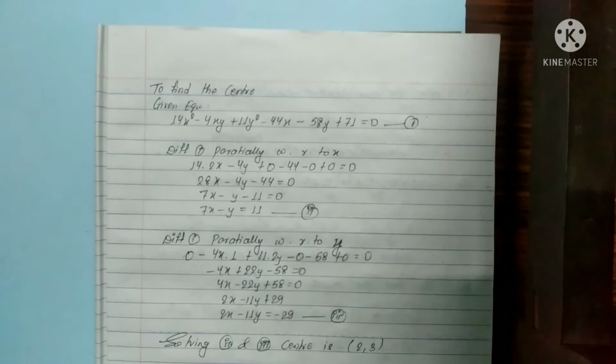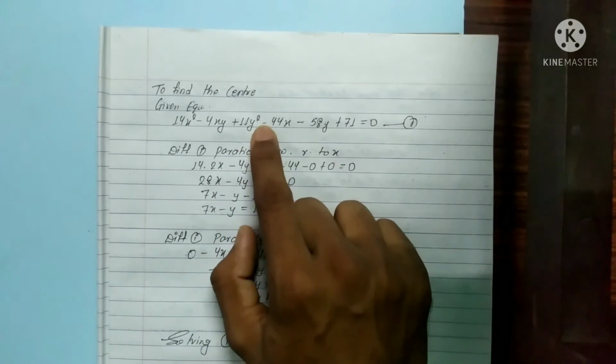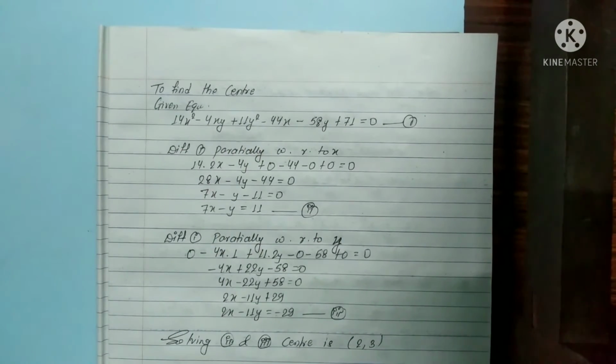Now the given equation is 14x squared minus 4xy plus 11y squared minus 44x minus 58y plus 71 is equal to 0.